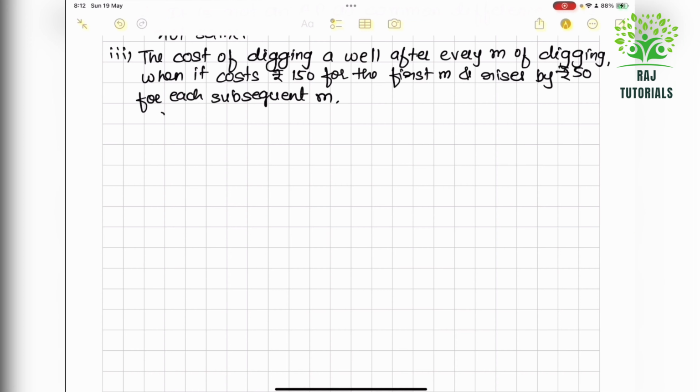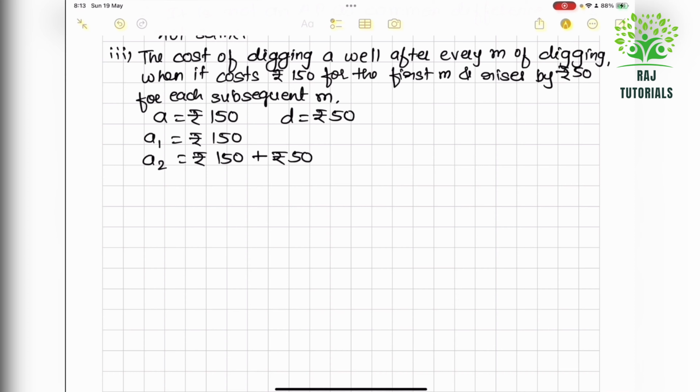So here I am given A equal to rupees 150, that is first term is 150. Then I am adding every time rupees 50 for one more meter. So I can say A1 will be rupees 150, A2 will be rupees 150 plus 50 rupees extra for the second meter, so that will be 200 rupees. Then A3 means I can do A2 plus D, so rupees 200 plus rupees 50, so it will be rupees 250.